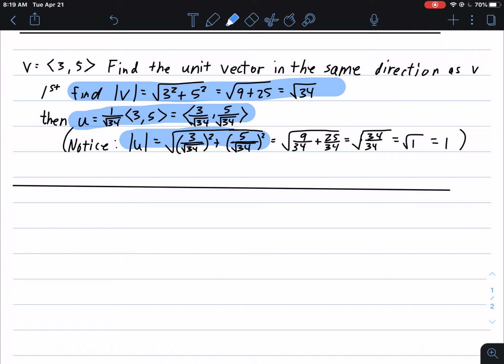And of course, the square root of 1 is 1. So that would be the magnitude of that vector u. That checks out from what we said. All right? So that is finding the unit vector in the direction of our vector.